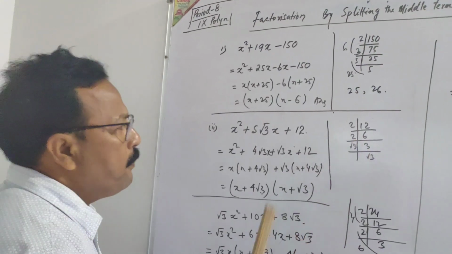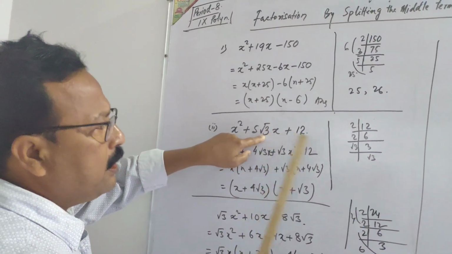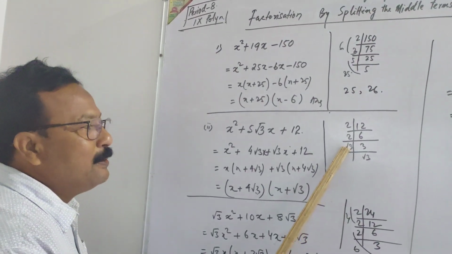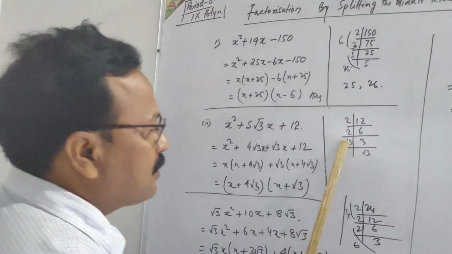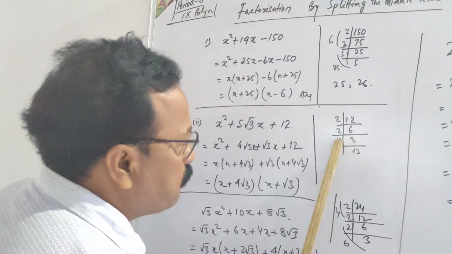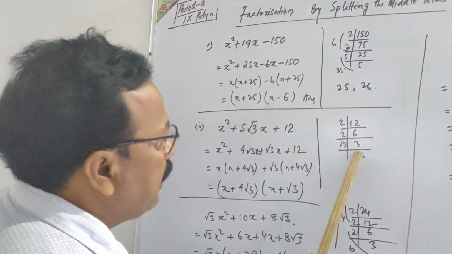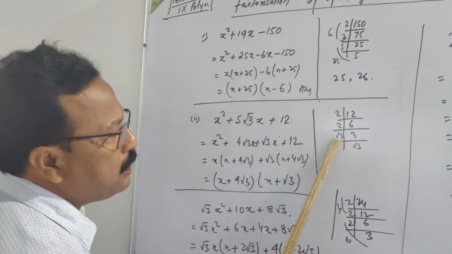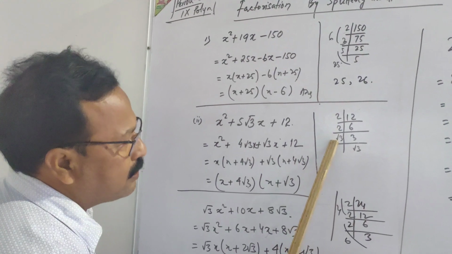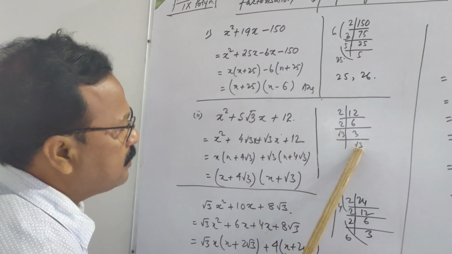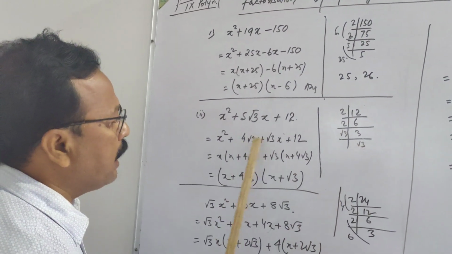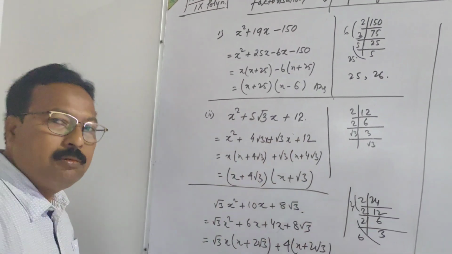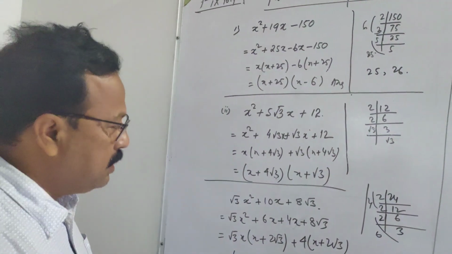We got 3 here. Since there is root 3, we have taken root 3 as one of the prime factors. We have broken this 3 into 2 parts, root 3 into root 3, and 4 root 3. These 3 factors become 1, and here is root 3. 4 and 1, 5 root 3 x and plus 12. Now the process is the same as we saw above.